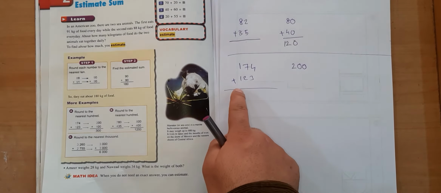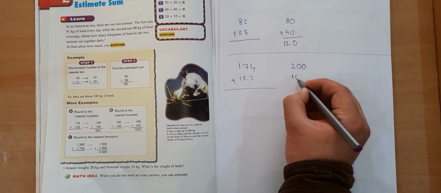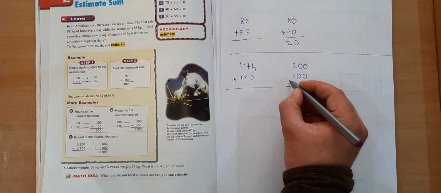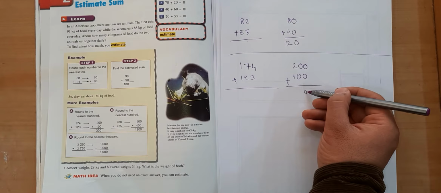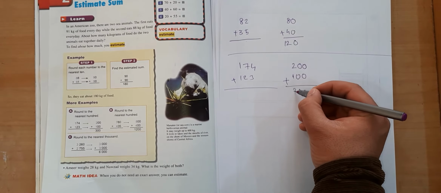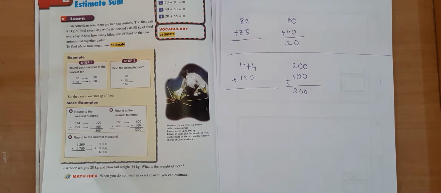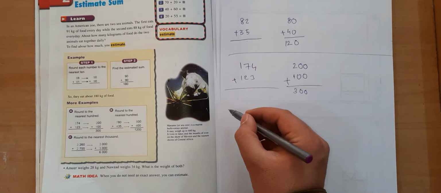And 123, if you round this number to the nearest 100, becomes 100. And now we're going to estimate the sum. 0 plus 0 is 0. 0 plus 0 is 0. 2 plus 1 is 3, so 300. So the estimate of the sum is going to be 300.